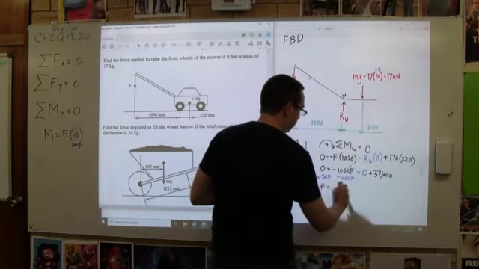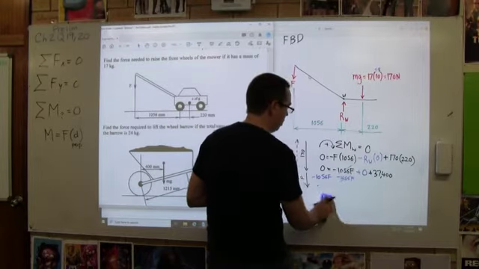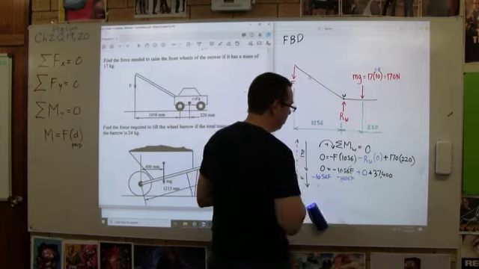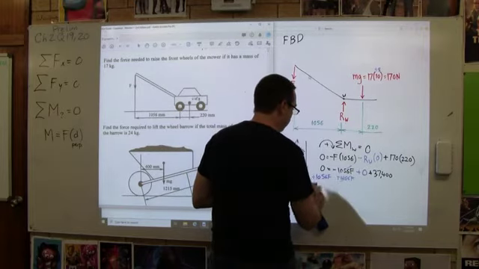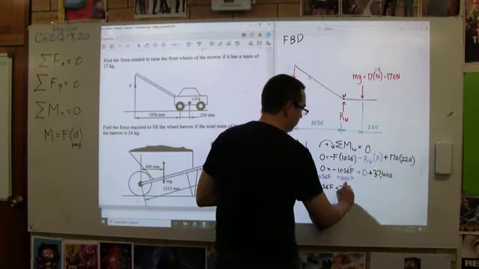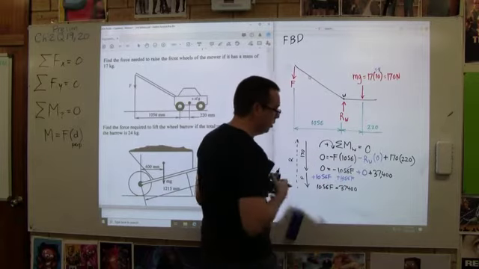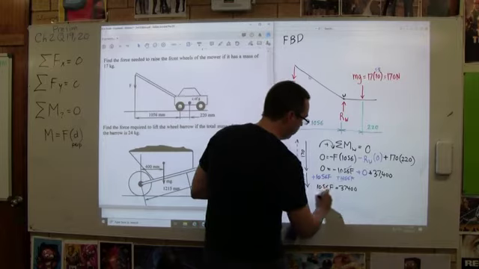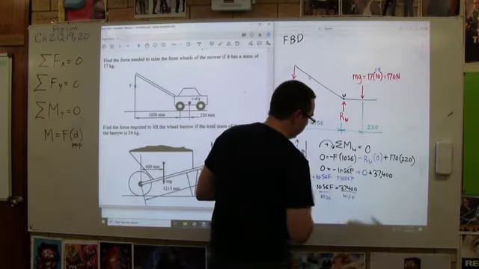So we have 1056F equals 37400, and then we can divide both sides by 1056.